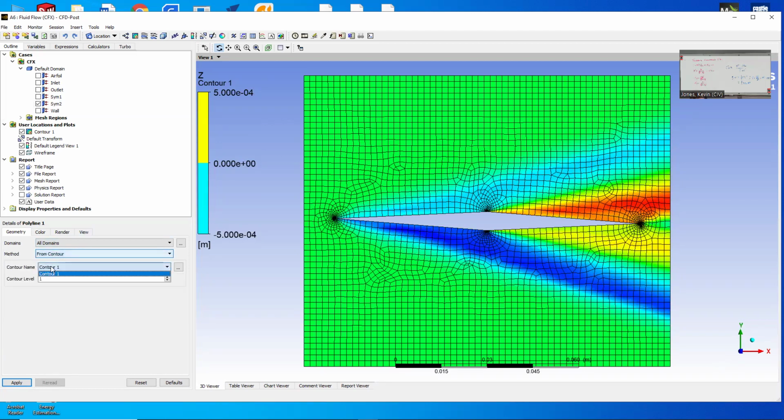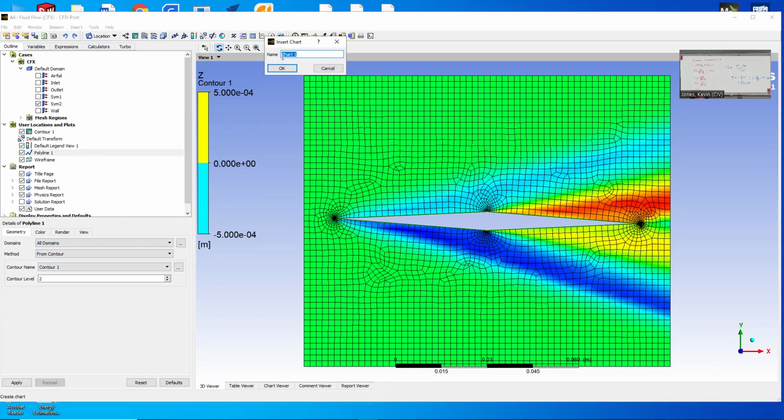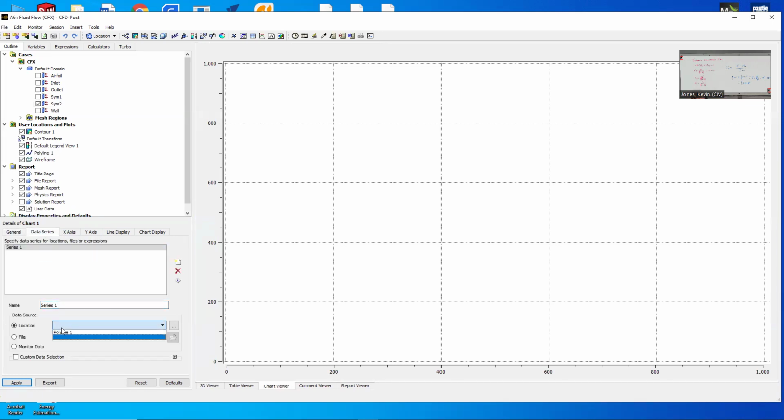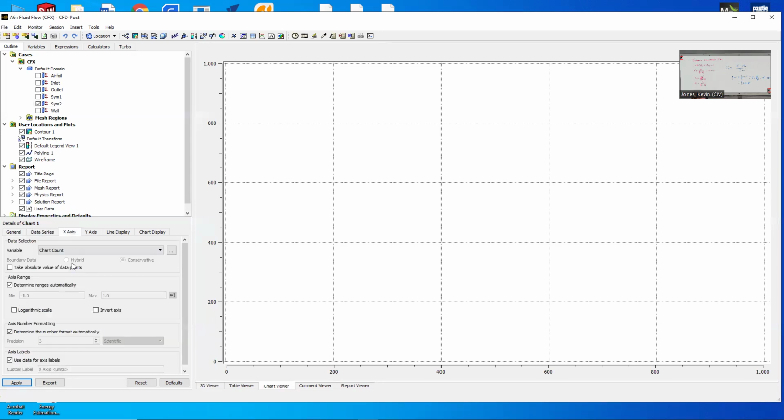Contour. And now we can create a chart. Line. X. Y will be Freon pressure.